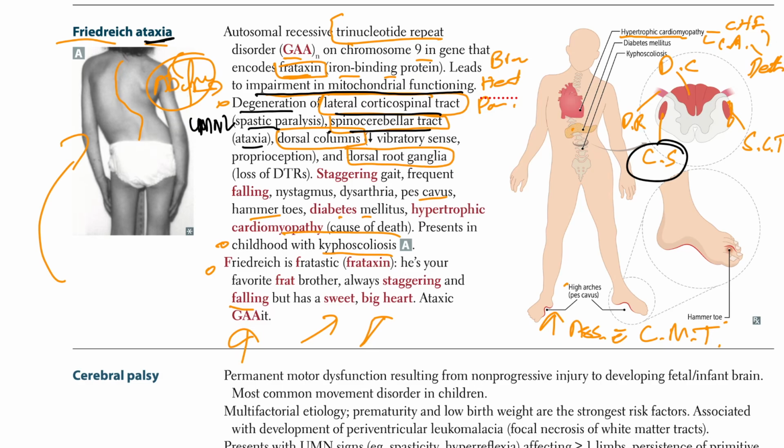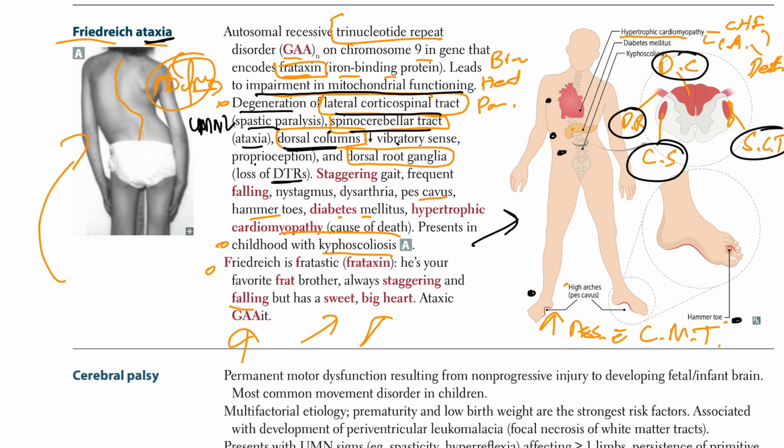The dorsal column is all about proprioception and vibration, and the dorsal root is about DTRs, the deep tendon reflexes. All of them are affected in Friedreich ataxia. So if you can just memorize this picture: cardiomyopathy, diabetes mellitus, kyphoscoliosis, pes cavus, and hammer toes.